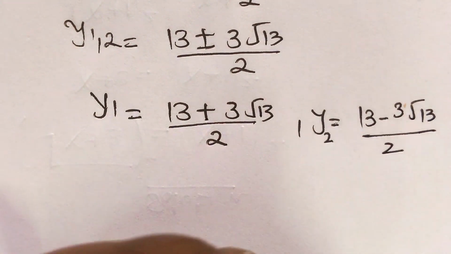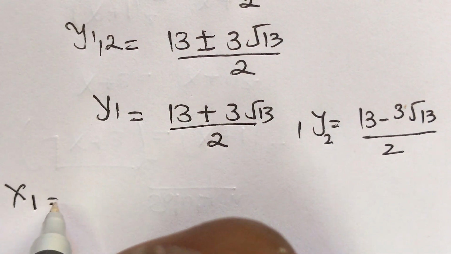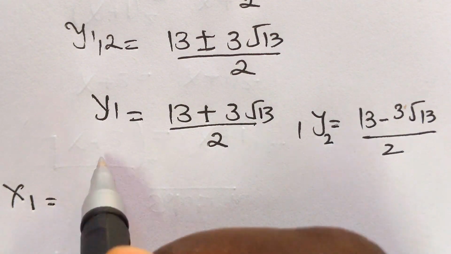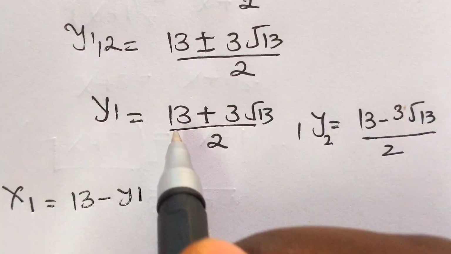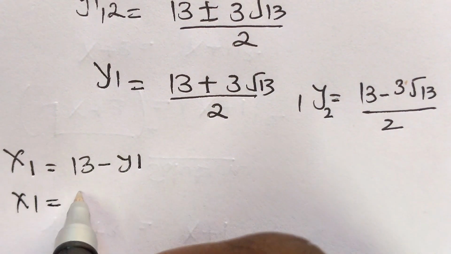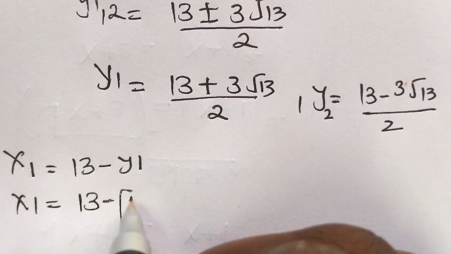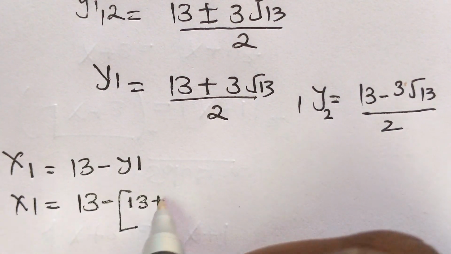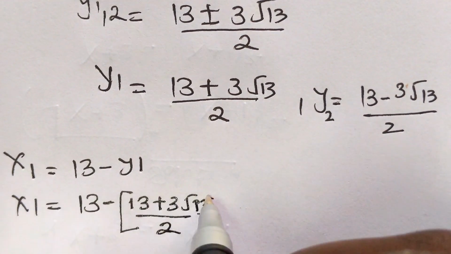And of course, we are going to find x1. x1 will be 13 minus y1, which is this one. x1 will be 13 minus 13 plus 3 square root of 13 over 2.